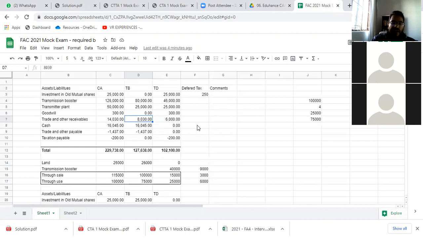But that is not actually correct, because for the 6 million, you only get the deduction when it's actually incurred. You haven't incurred the expense yet. So this tax base should include the 6 million, which means there will be no temporary difference, and as a result, no deferred tax implication. Do you understand what I'm saying?